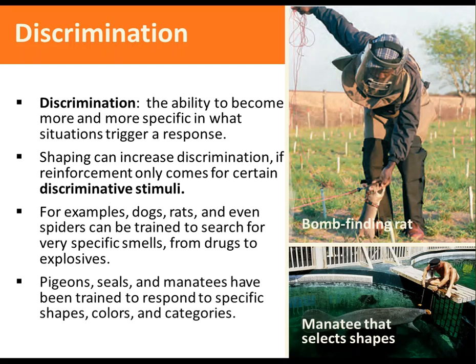Pigeons, seals, and manatees have been trained to respond to specific shapes, colors, and categories. So they're conditioned to respond to one particular type of shape and not others, to one specific type of smell of a drug and not others. They're learning to discriminate the stimuli, some of which they get reinforced for, some not.